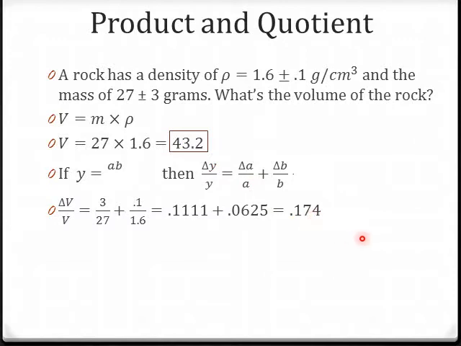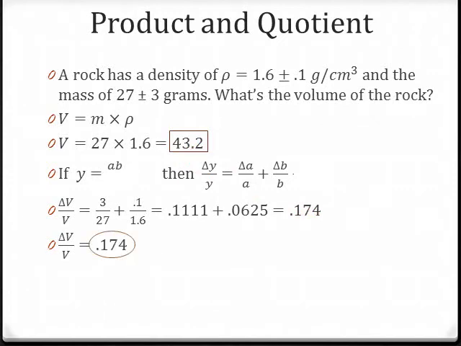But we don't always give our uncertainty in terms of percentages, right? Often we want to know the actual amount it goes up and the actual amount it could go down. We don't care about the percentage number itself. So how could we find out how much 43.2 can actually vary up or down? Well, I've got to find 17.4% of this value.